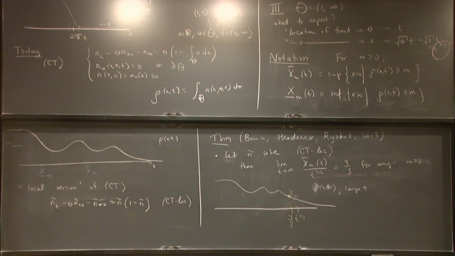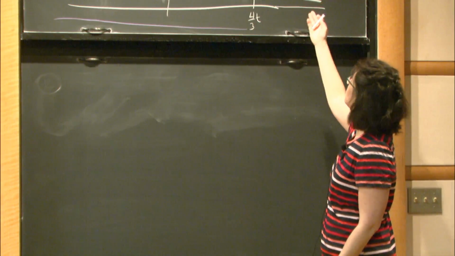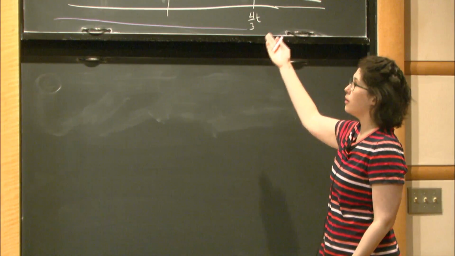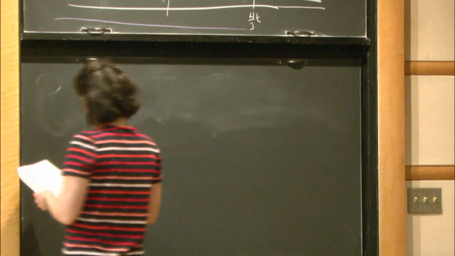So this is what the last result that I'll state seeks to answer. And the answer is actually no, that the non-local problem does not propagate with speed 4/3 t to the 3/2. It's something else.